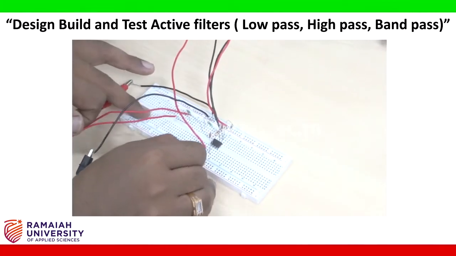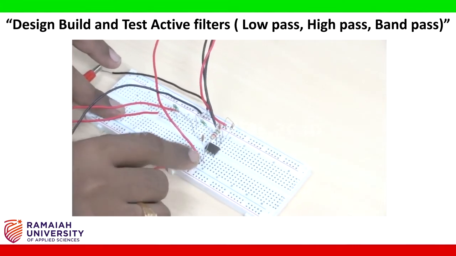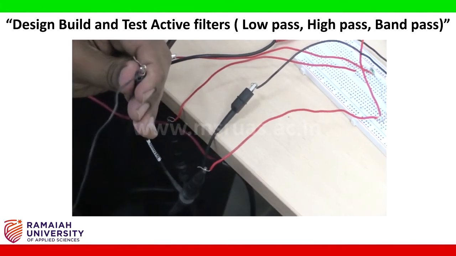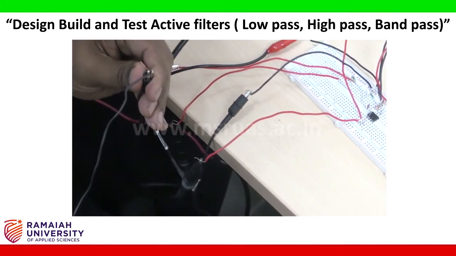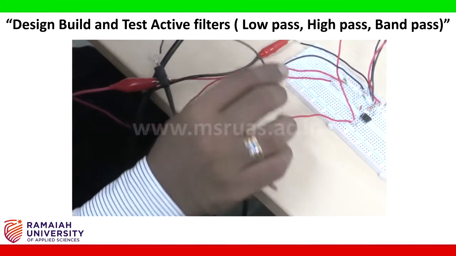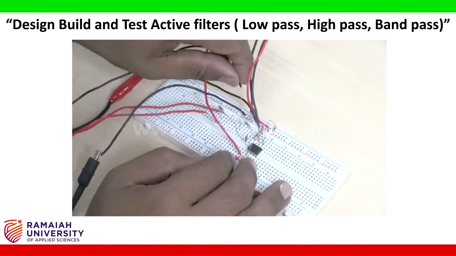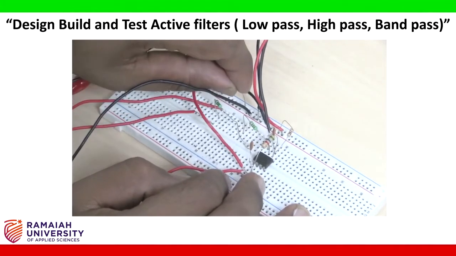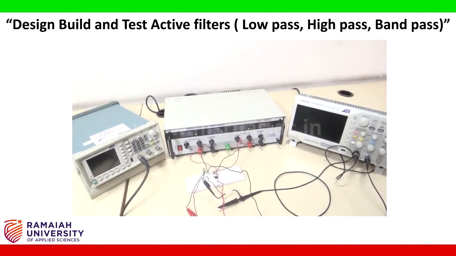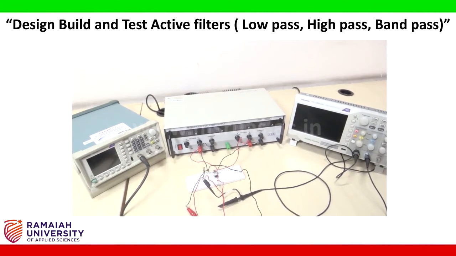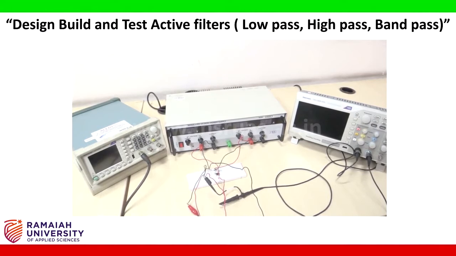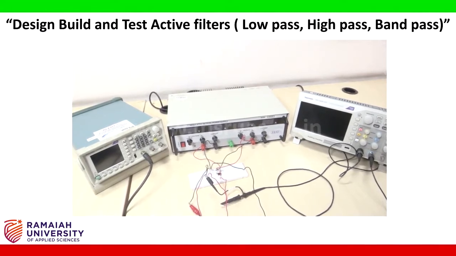This is pin number 6, and the negative end is given to the output ground. This is ground. This completes the circuit connection of the active filter design. This circuit is designed as a low pass filter for 1 kilohertz frequency.